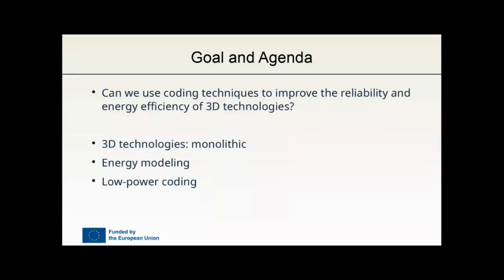In order to analyze the energy consumption, we are fundamentally going to try to work in two directions. The first is the energy modeling. So what we are going to do is to try to develop one model that is able to predict the power consumption when we transmit information through the wires in a monolithic approach, with the special point that we want to take into account that when we are sending data in these heterogeneous architectures, the fact that the speed of movement of the transition is not the same in all the lines changes actually the power consumption.